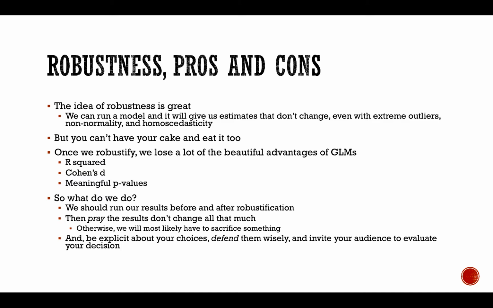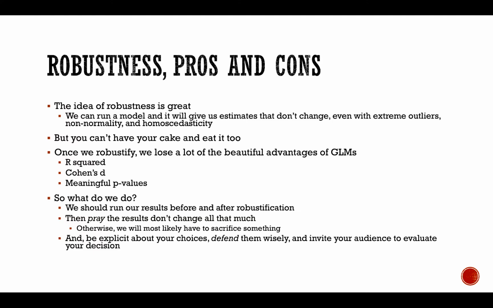So what do we do? Again, going back to what I was saying earlier, we run the results before and after robustification, then we pray and hope and wish that things don't change at all. Otherwise, we will most likely have to sacrifice something that is naturally intuitive to us. And of course, we must be explicit about our choices, defend them wisely, and invite your audience to evaluate your decisions.